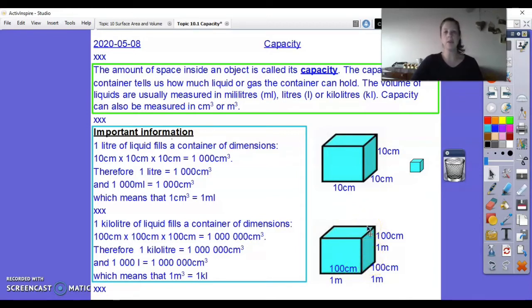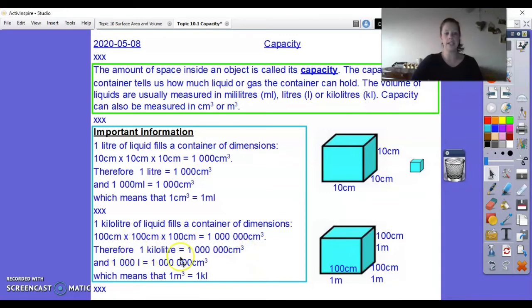And if I multiply all those dimensions together to give me the volume of that container, it will give me a volume of 1 million centimeters cubed. So I can say, therefore, 1 kiloliter, as what could fill my container, is equal to 1 million centimeters cubed.